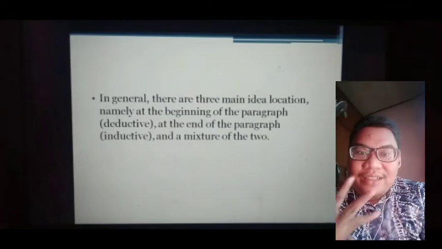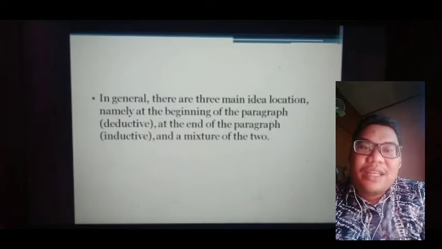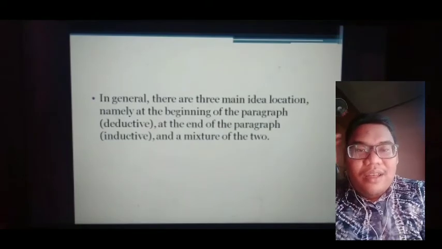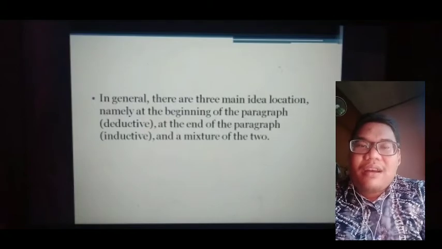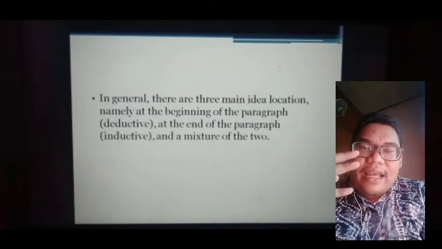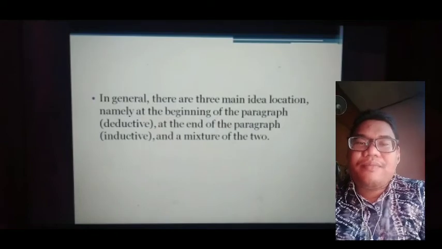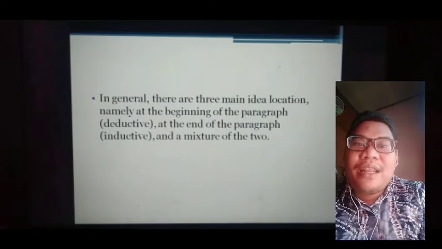A mixture of both means the main idea can be at the beginning and at the end of the paragraph at the same time. So it's the mix of deductive and inductive.